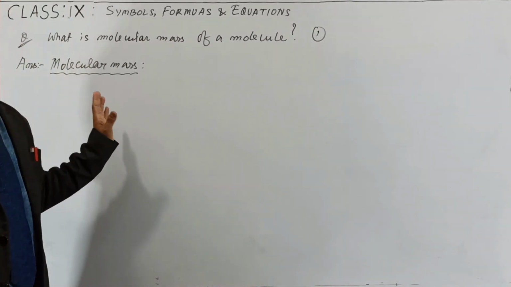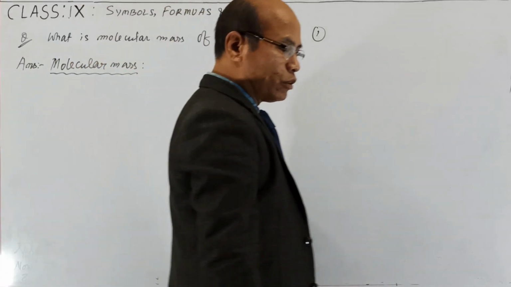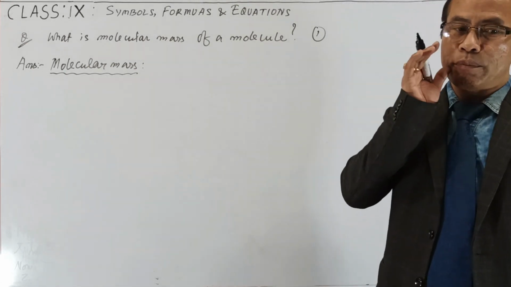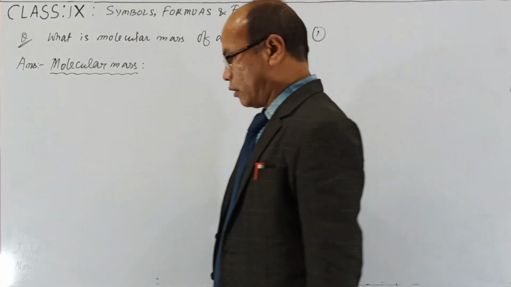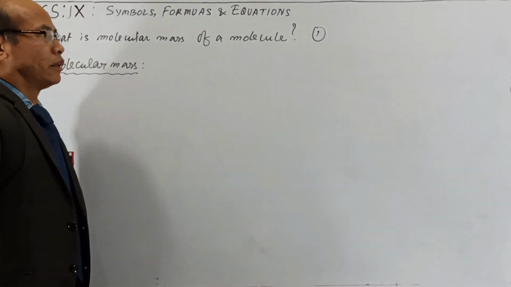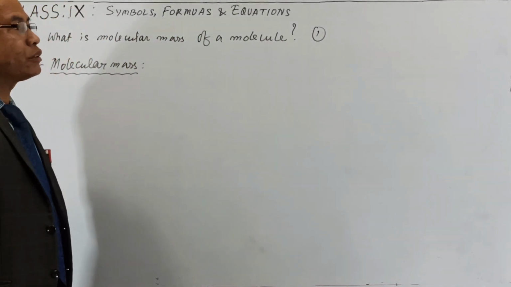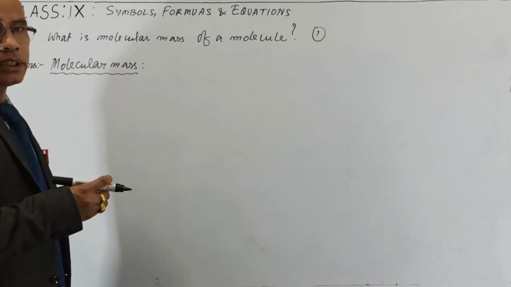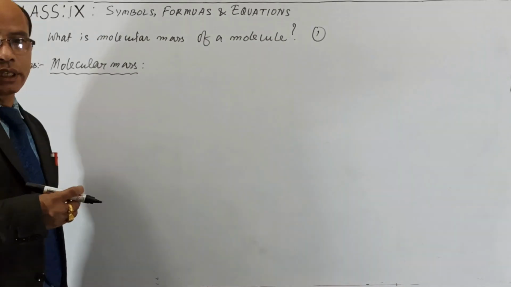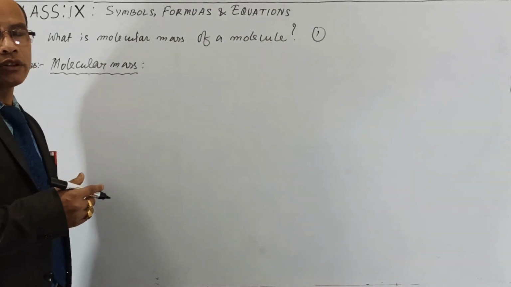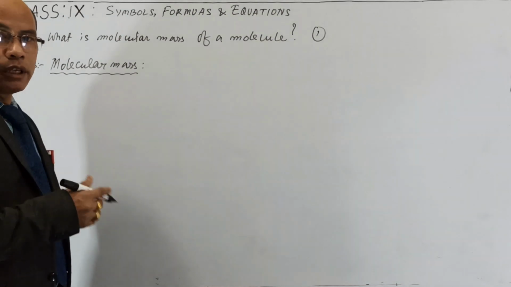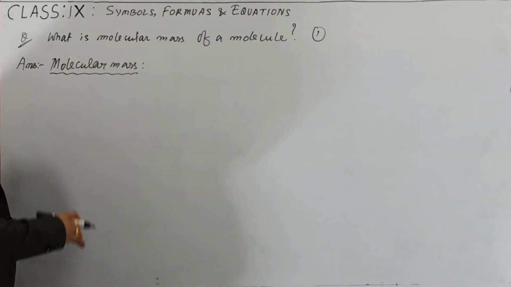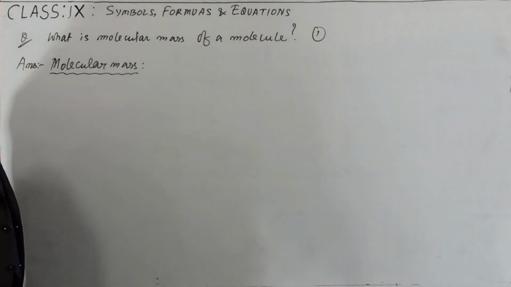Because we are not going to find out the mass of any molecule in different ways, but we are going to find out their masses in connection with the mass of a C12 atom, taking it as 12 U. So this standard C12 atom is used as a standard mass for calculating the atomic mass of any atom or the molecular mass of any molecule. Since it is related to the mass of the C12 atom, we call it relative. So molecular mass is also relative.